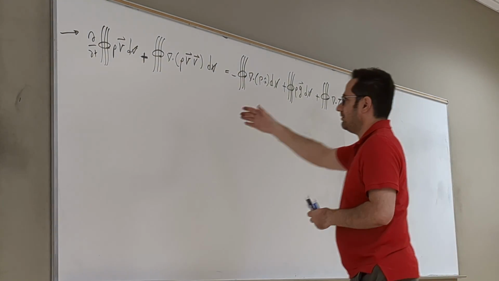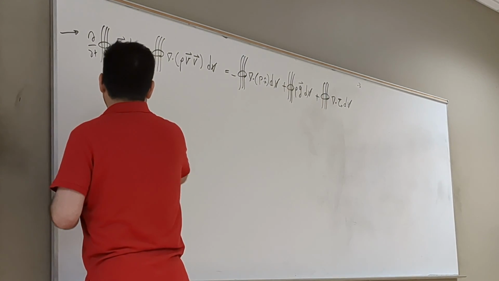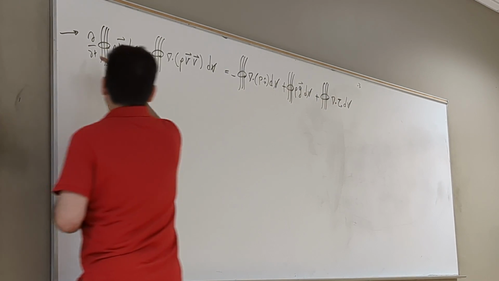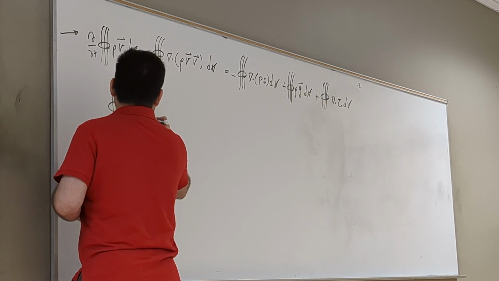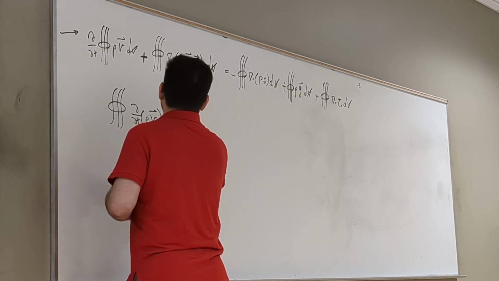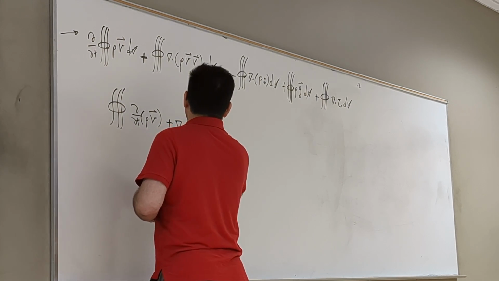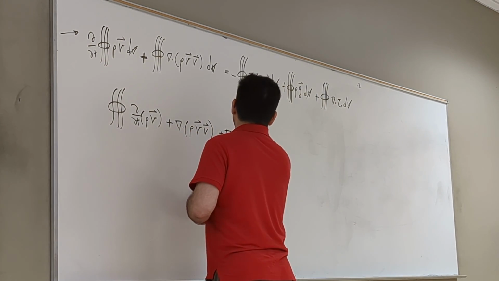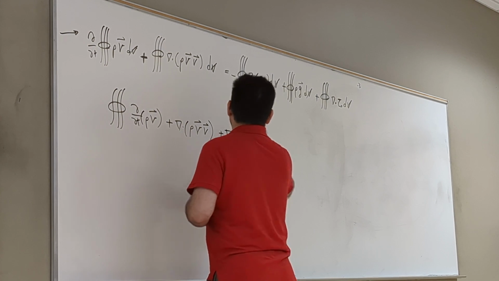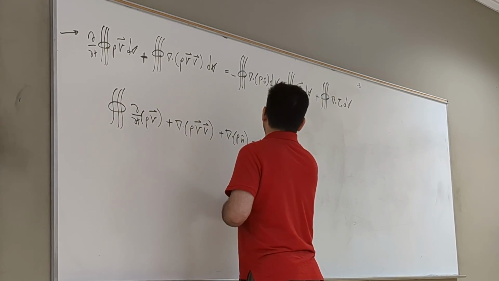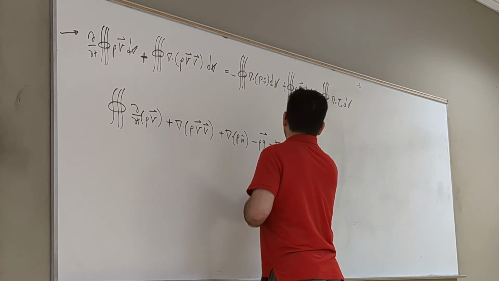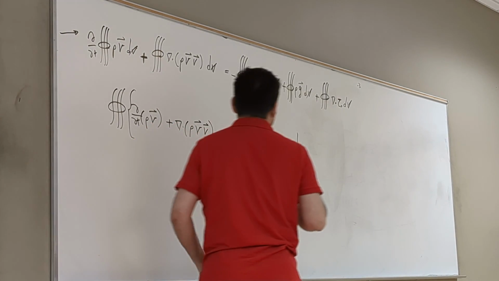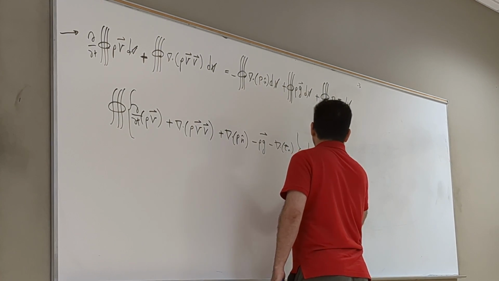Bring everything to one side. So that's what I'm going to do. Take the derivative inside the volume integral: d/dt of rho v plus divergence of rho v v plus divergence of pn minus rho g minus divergence of tau n, all times dV, is equal to 0.